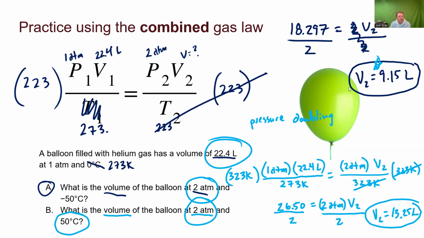Tempting. C, a change in any two variables will affect the third as long as the amount of gas remains constant. Now, just to compare answer options B and C, B says pressure increase and temperature increase, the volume must always remain constant. It doesn't talk about how much they increase.